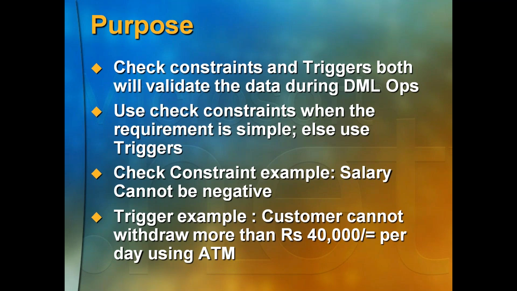doing all these things cannot be done by the check constraint. Clear? Because a check constraint can simply say salary greater than zero. If you give 45,000 at a time, it may tell you that you cannot take 40,000 or more. But the customer is not doing this in a single transaction. The customer is doing multiple transactions, morning 20, afternoon 20, evening again 20K, you want to get it.